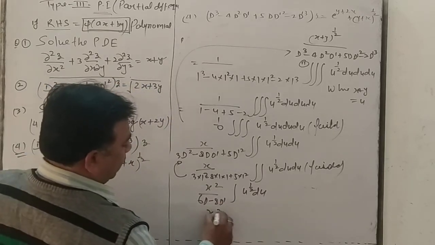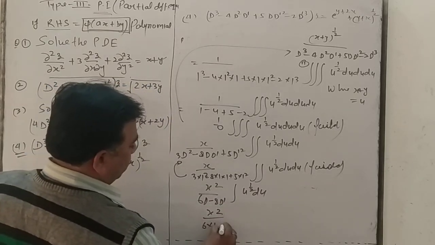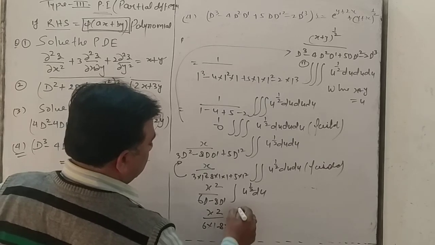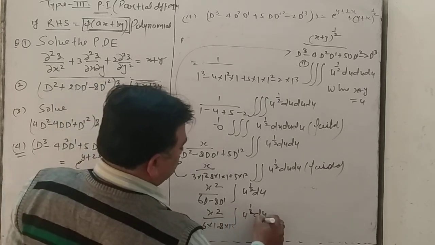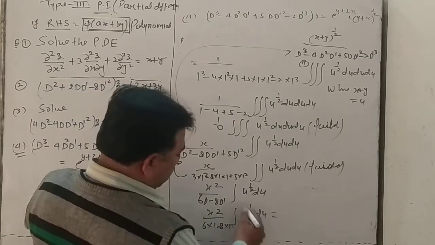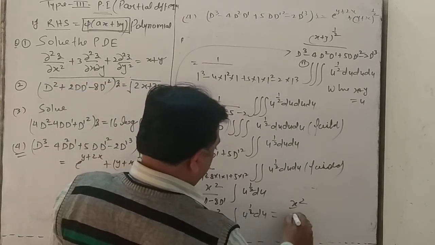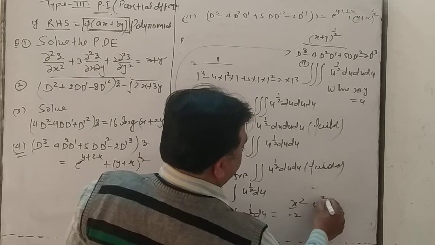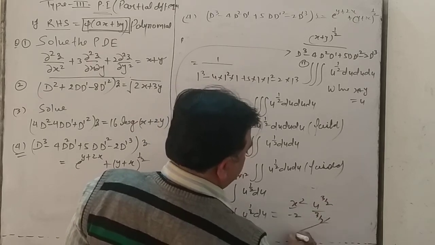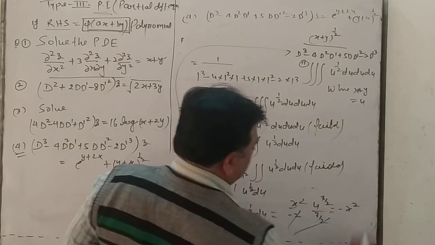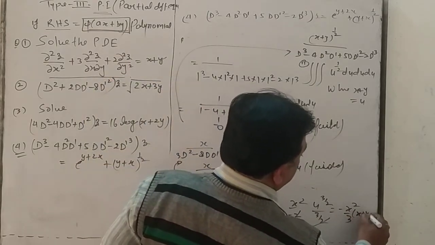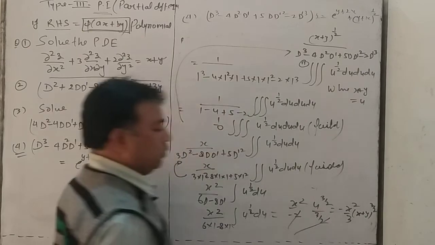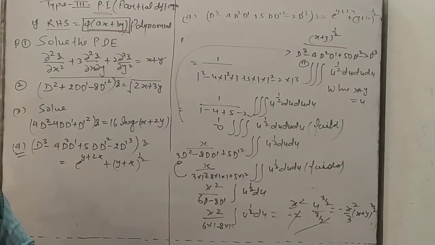Putting the value: x squared upon 6 into 1 minus 8 into 1, which is not equal to 0. Integrate this function: x squared by minus 2, u to the power 3/2 divided by 3/2, cancelling gives minus x squared upon 3 times (x plus y) to the power 3/2. This is the particular integral.